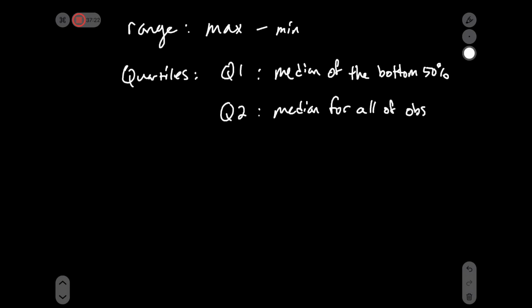Okay? You already know how to find median. Basically, 50% of the data falls below it, 50% of the data falls above it. And finally, Q3, which is the median of the top 50%. Okay, you guessed it. And in this case, approximately 25% of observations fall above this, approximately 75% of observations fall below this.